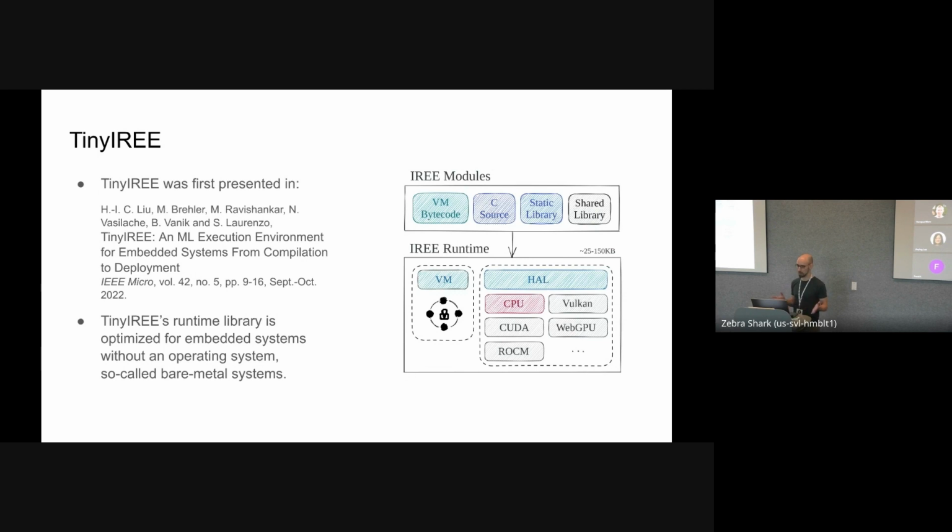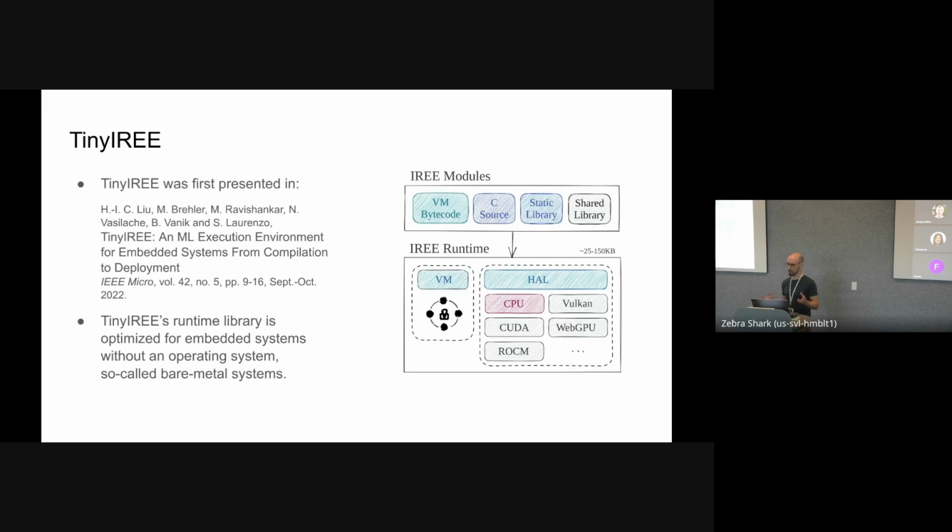And TinyIREE's runtime library is essentially optimized for embedded systems, so for systems without an operating system, so-called bare metal systems. And we have IREE modules, which can either be VM bytecode, or you can use C source code or static libraries. And what IREE generally also provides are shared libraries, but those are not of interest for systems without any operating system.